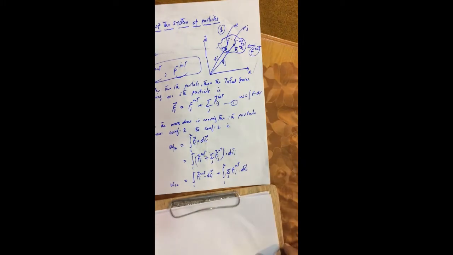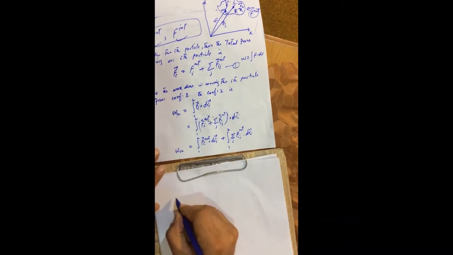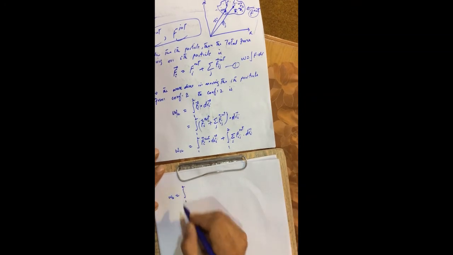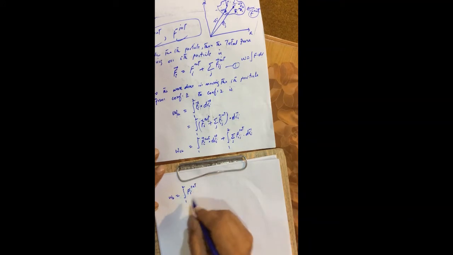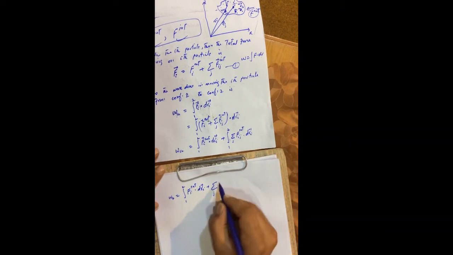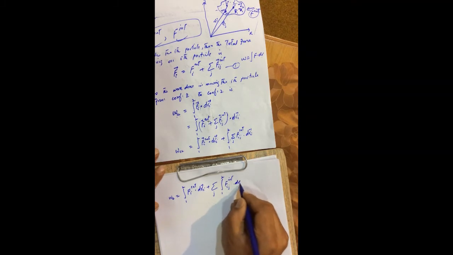So the final expression for the work done in moving the particle from configuration 1 to 2 will be W12, which is equal to the integral from 1 to 2 of Fi external dot dri, plus the sum over j of the integral from 1 to 2 of Fij internal dot dri.